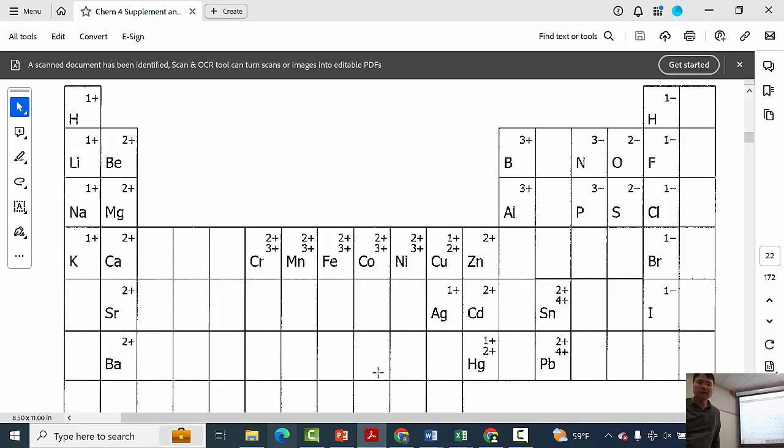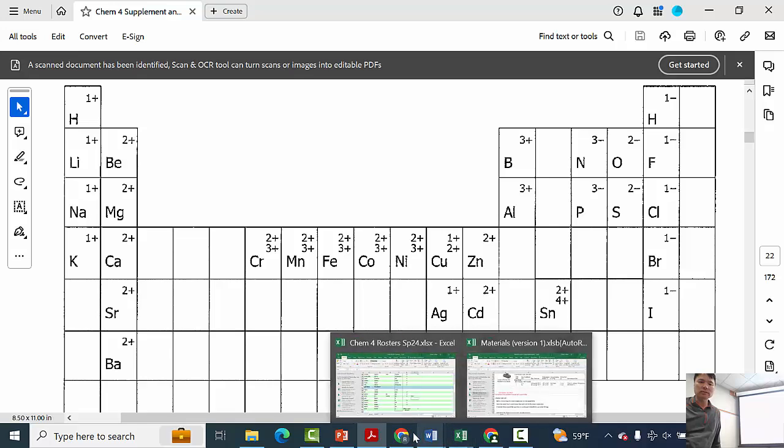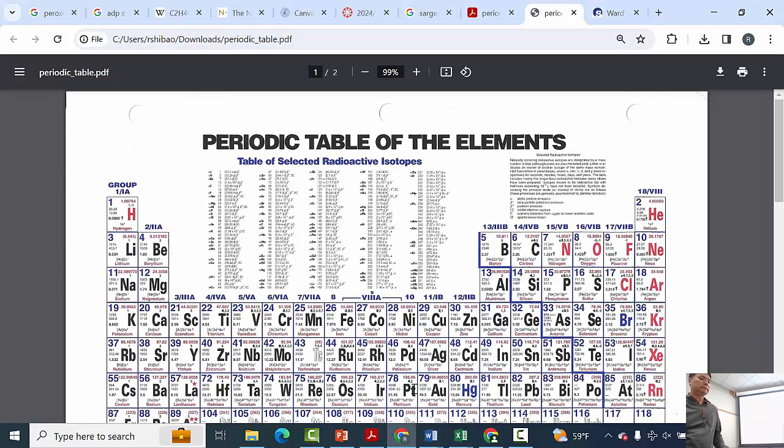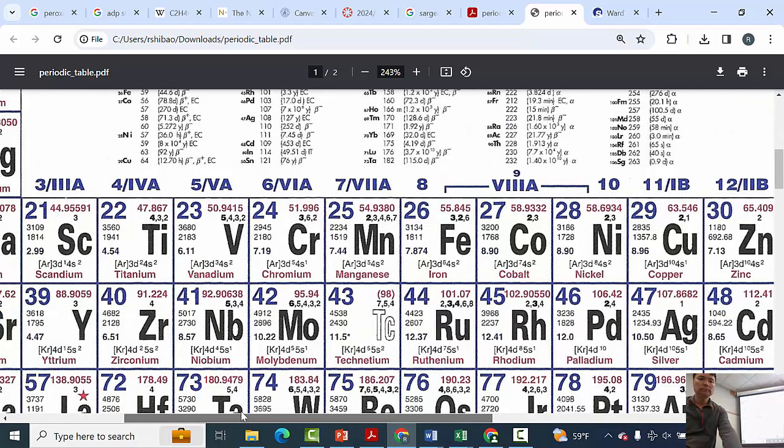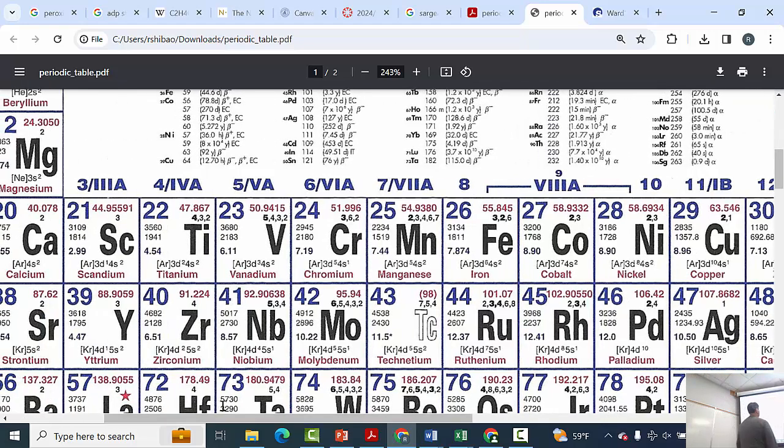So we can see that, and when we look at these other periodic tables, we can see that here. Let's take a look at this other periodic table. So manganese is in group 7, and plus 7 is its max.